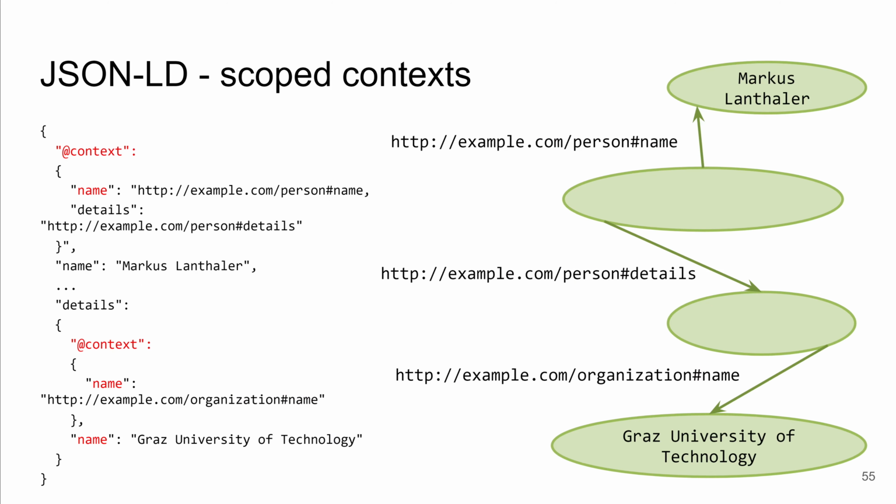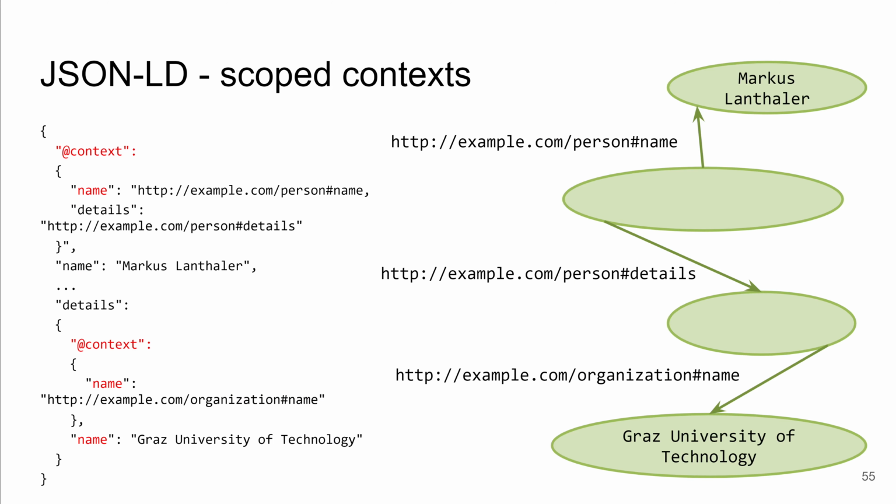Now, when we are talking about a nested JSON object, we may also utilize scoped context. So in a nested JSON object, we may redefine the JSON-LD context. In this case, we have, again, a person with a name. And on the top level, the name key is mapped to example.com/person#name.